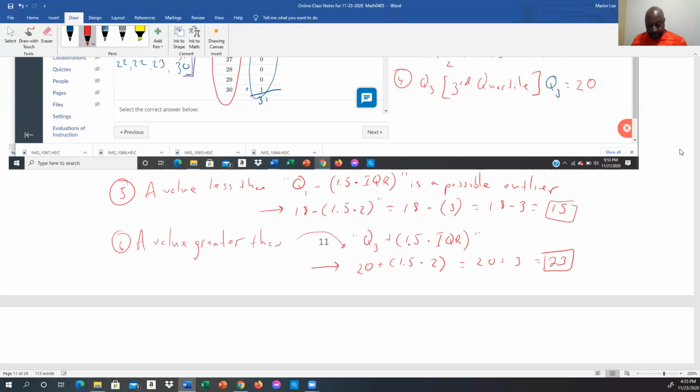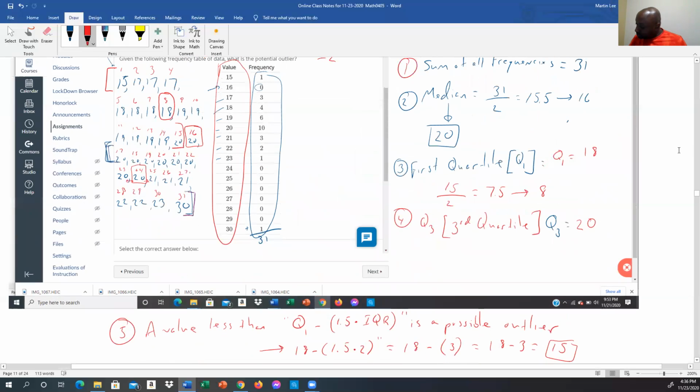So now what I want to do is look back in the table and see if I have any values that are greater than 23. So I have 30.